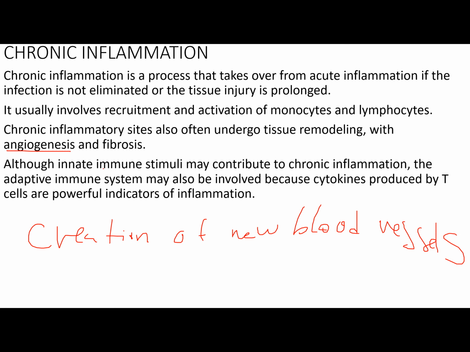Yung fibrosis, class, ito yung thickening. The thickening or in some cases yung scarring ng tissue. Diba pag nagkasugat ka, there would be some sort of wound or scab na yun. So please copy.